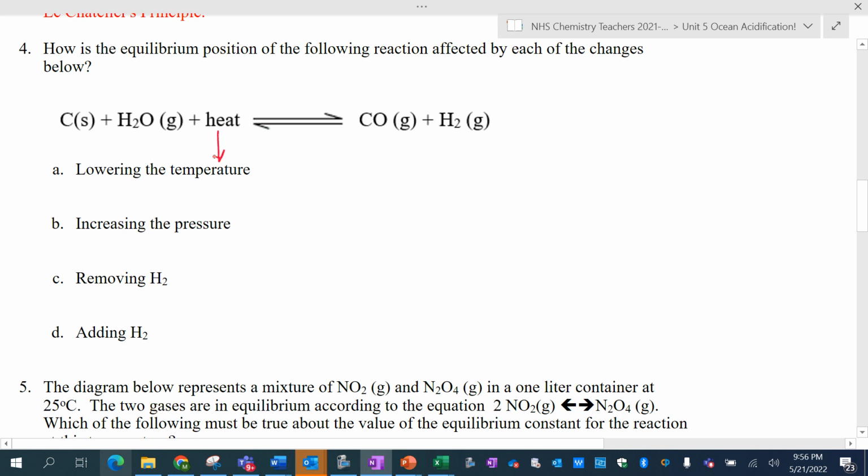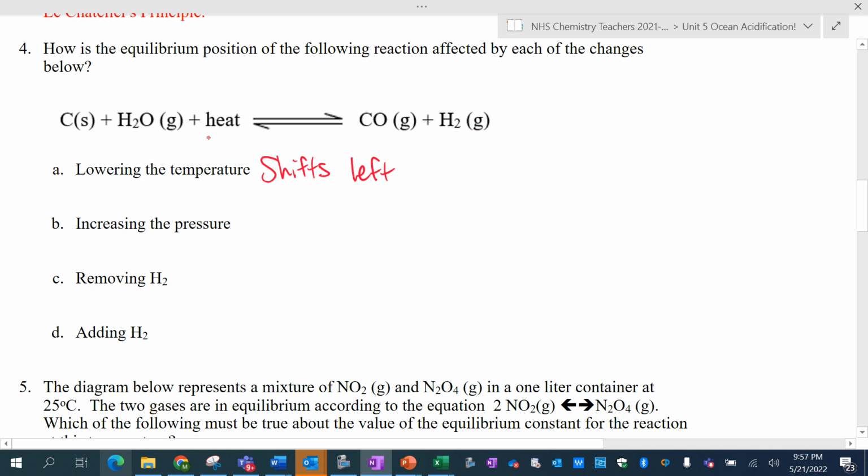If we lower the temperature, the reactants and the reverse reaction are going to try to compensate for that. And so this is going to cause this reaction to shift left to try to make more heat. Since it got colder, they're like, oh no, we've got to make more.